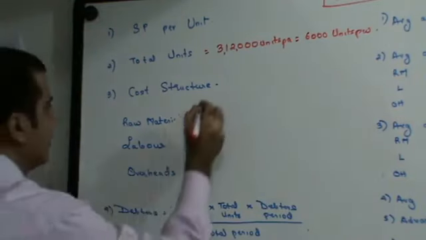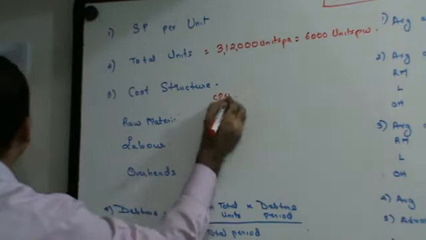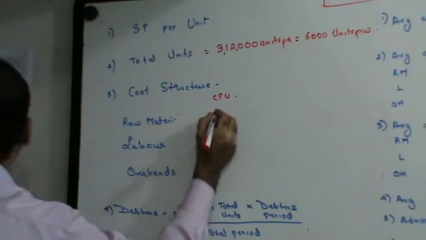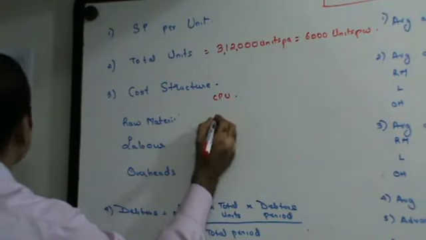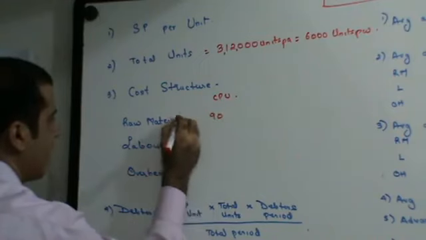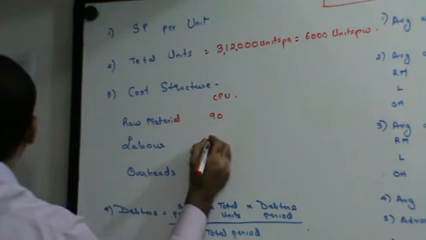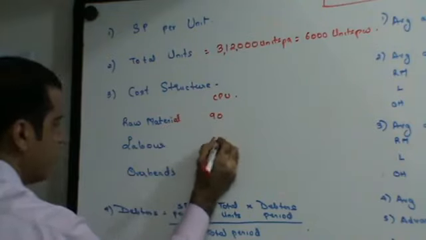Now let's have a look at the cost structure. The CPU, cost per unit, is given to you as: raw material is 90, wages is 40.